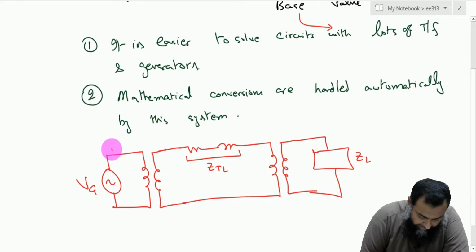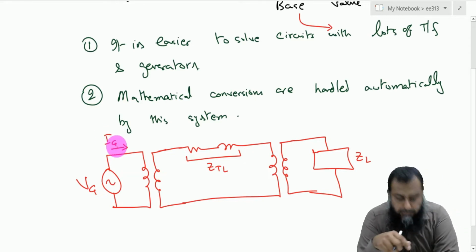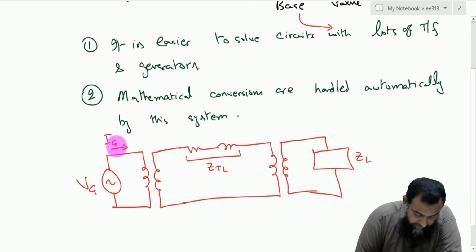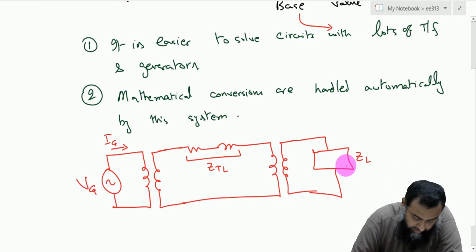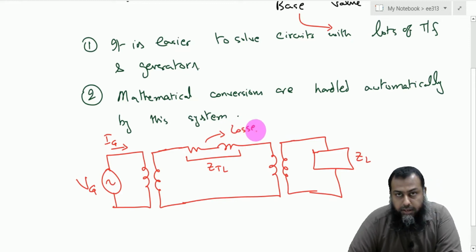Now, if we want to find out the total power supplied by this generator to this particular system, or the total losses here in this transmission line, the procedure is a little bit complex.